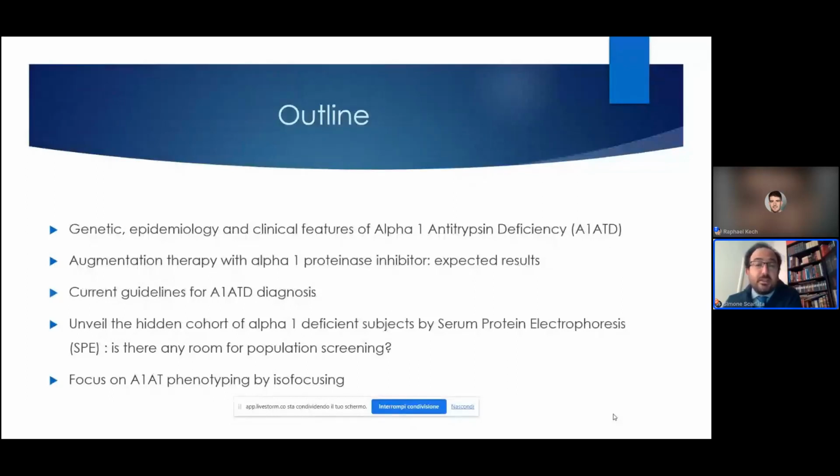Isofocusing is going to be the conclusive part of this presentation, and in my opinion, may be a relevant issue to focus on.